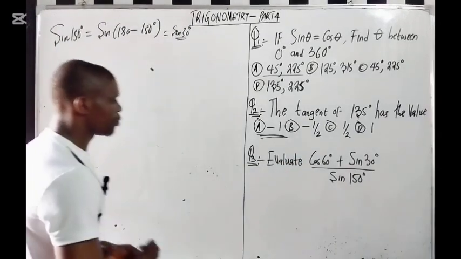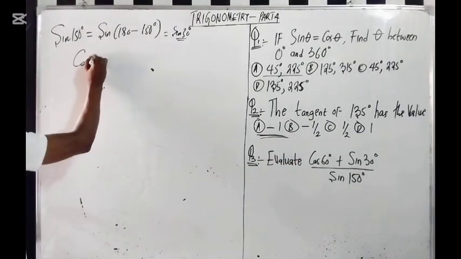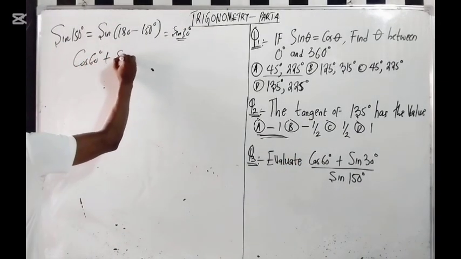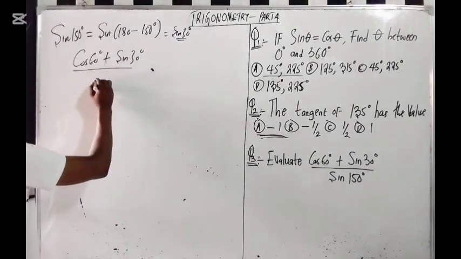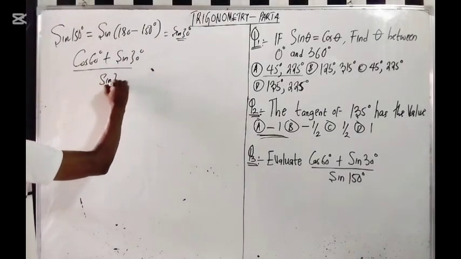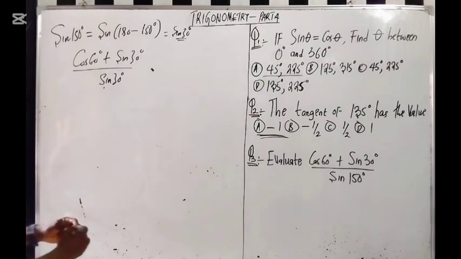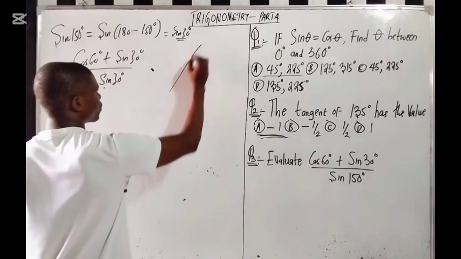So you can now rewrite this as cos 60 degrees plus sine 30 degrees, over sine 30 degrees.